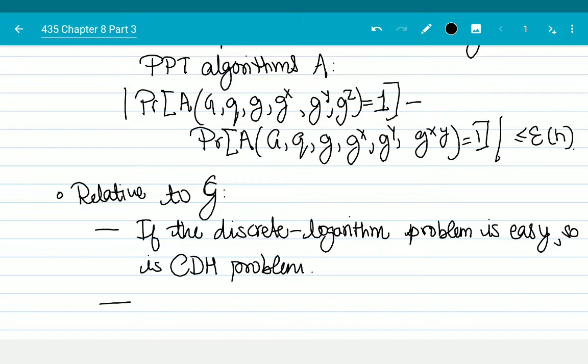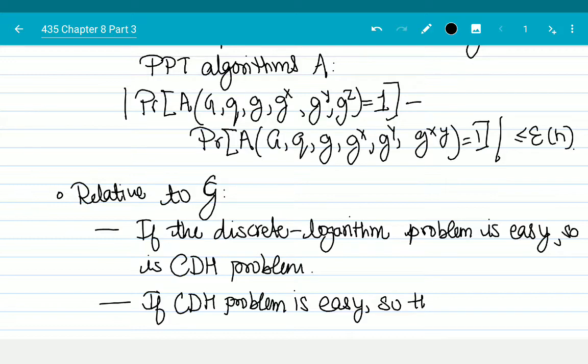And if I can compute the Diffie-Hellman easily, I can distinguish the Diffie-Hellman easily. If the CDH problem is easy, so is the DDH problem.